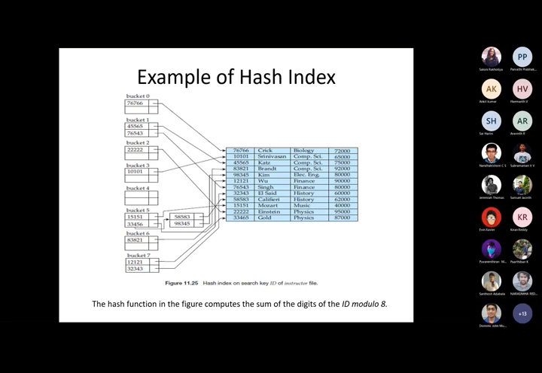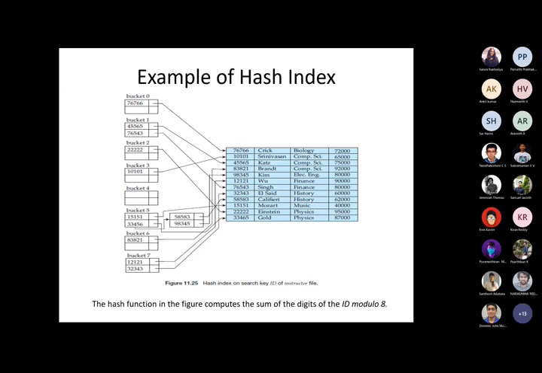Whenever you apply this hash function, the sum of digits in the instructor ID mod 8, sometimes a collision occurs. What do we mean by collision? For example, 45565 also refers to bucket 1.